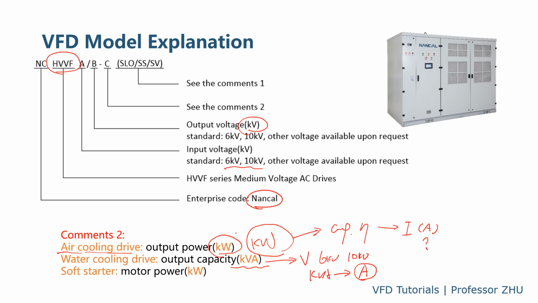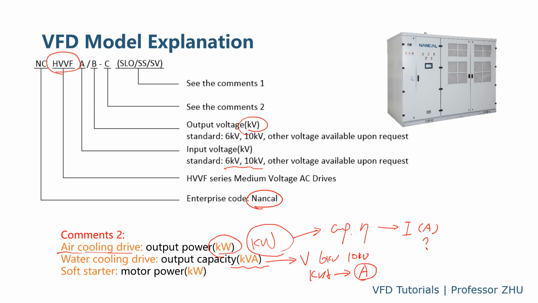So why still use kW? The only reason is to make it much easier for the customer to size the drive according to the motor kilowatt. Perhaps they don't have the data for the efficiency and the power factor. They just know the kilowatt.